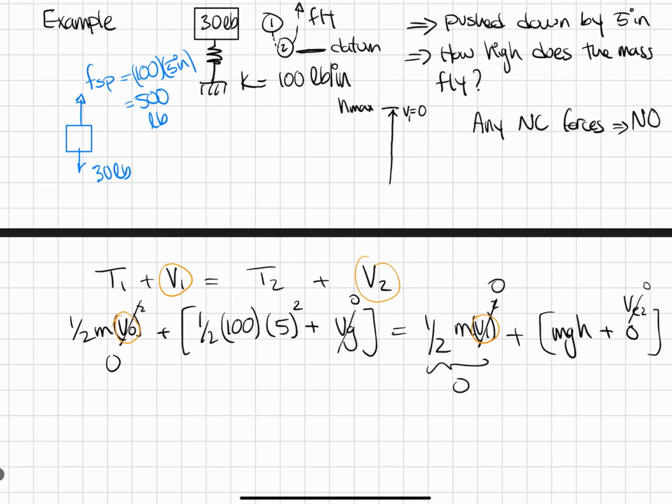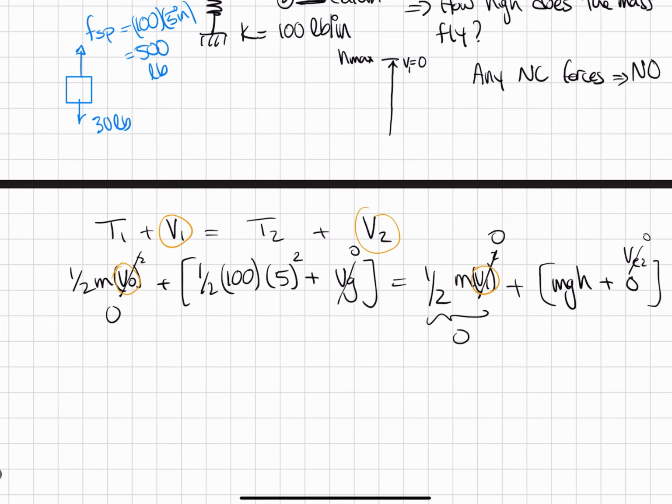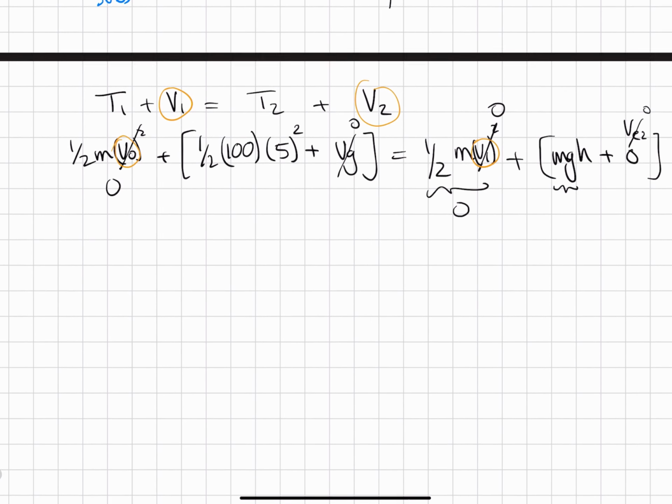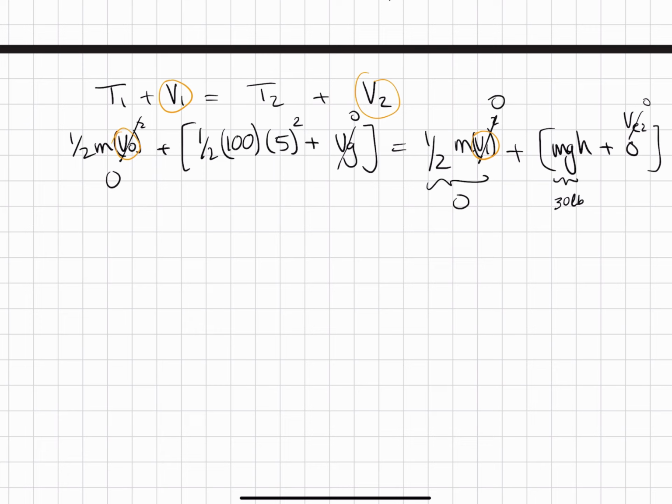Okay. So I already know what mgh is, or excuse me, I already know what mg is. Mg is equal to 30 pounds. And so cleaning things up a bit gives us 1/2 times 100 times 5 squared is equal to 30h.